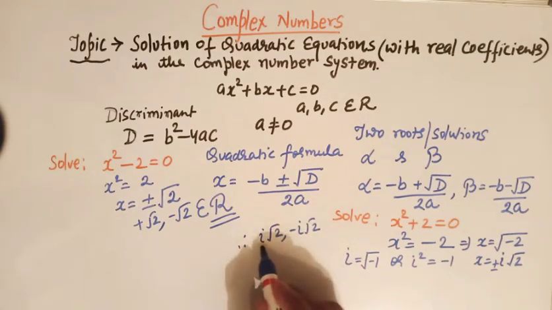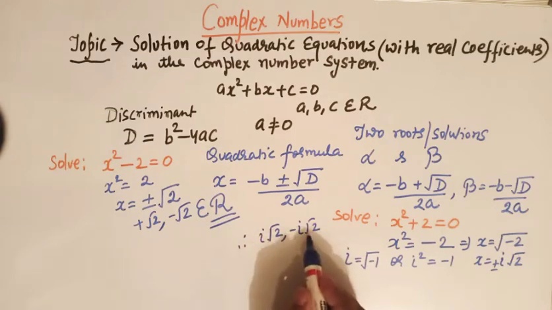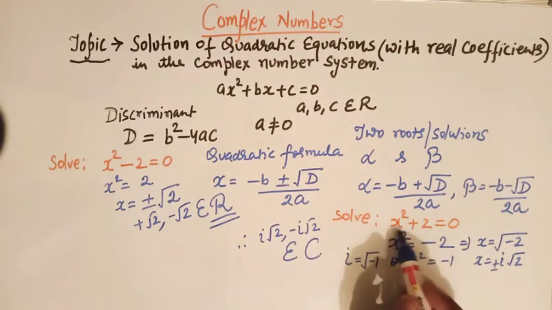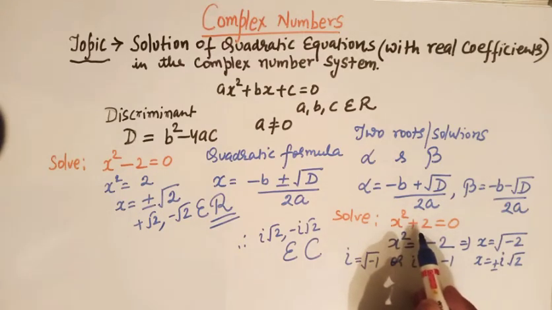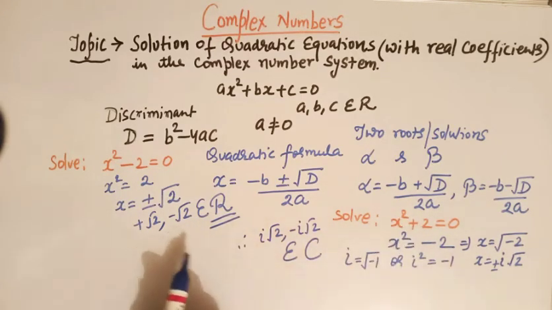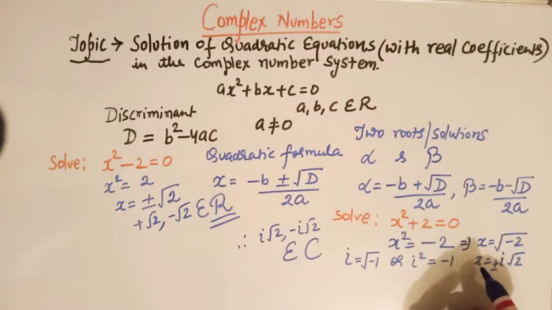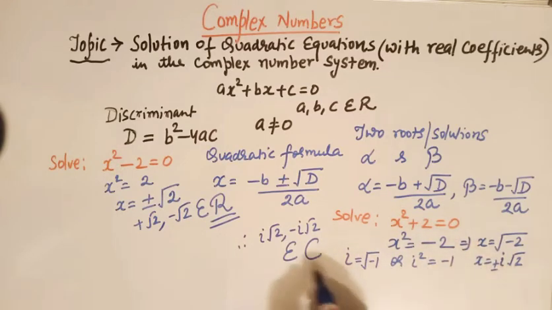And viewers, these two are complex numbers, and they belong to the set of complex number system. So such quadratic equations whose roots do not lie in the set of real numbers are said to lie in the set of complex numbers.